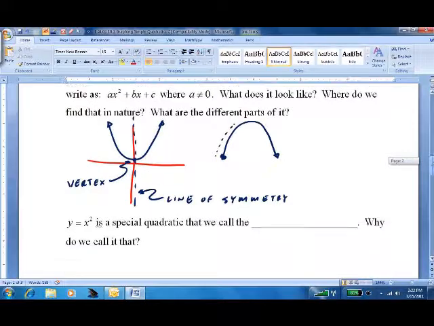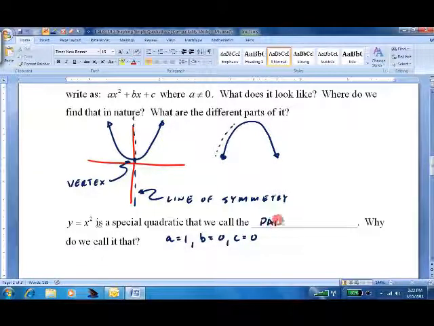So, moving forward a little bit, y equals x squared. That's where a equals 1 and b and c equal 0. It's the most basic quadratic function we can find. So we call that the parent function.